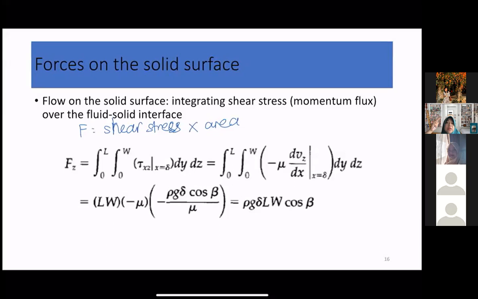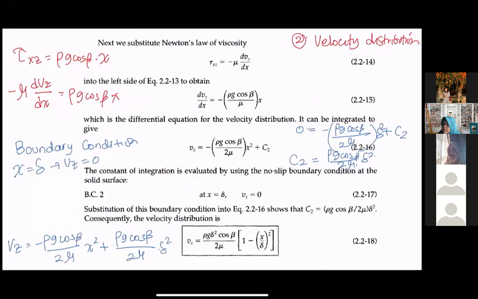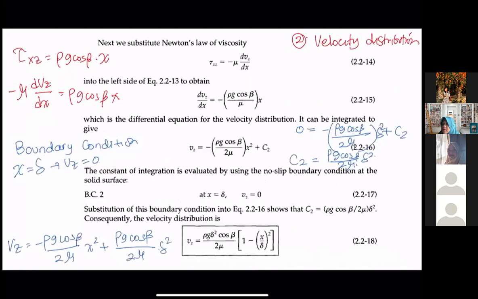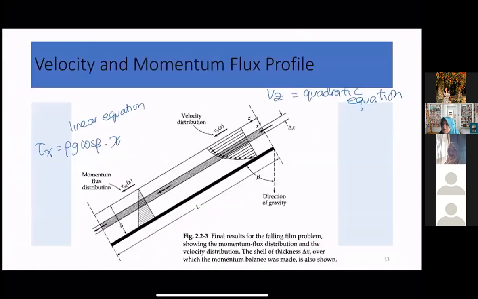The third one is to write the momentum balance, and after that you expand it, and after that get the momentum flux. And after that again get the velocity distribution as well. And after that you have to sketch this one. So all of this, step by step, would be asked in the exam.